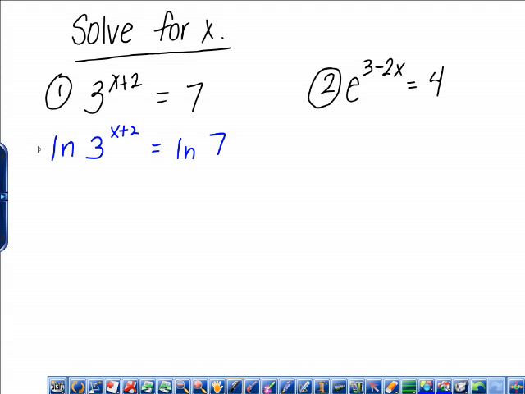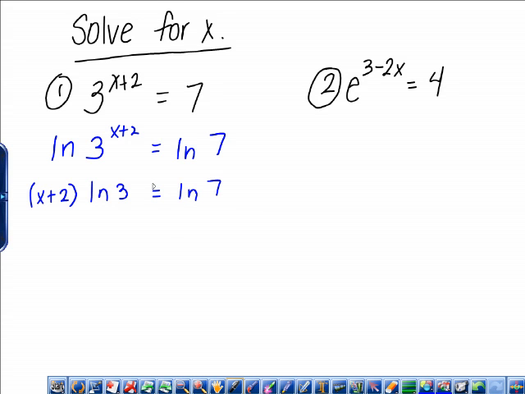This exponent is going to become the coefficient. So we're going to have x plus 2 now in front of natural log of 3, and we're multiplying now. x plus 2 times natural log of 3 equals natural log of 7.